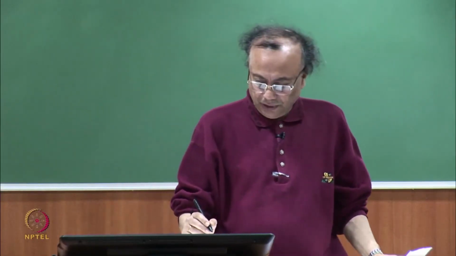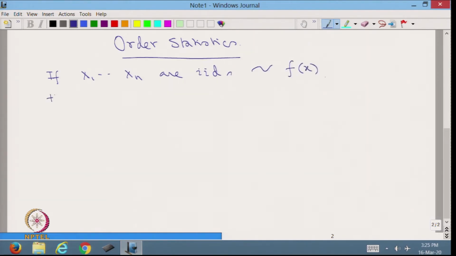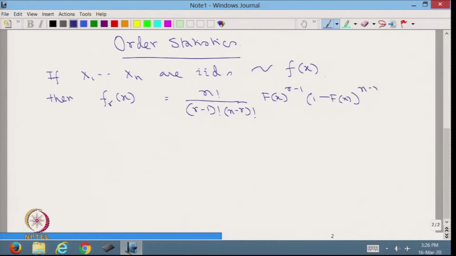If you remember, we are working on order statistics, and we have derived that if X1, X2, ..., Xn are IID following parent distribution F(x), then the PDF of the rth order statistic is f_r(x) = n!/((r-1)!(n-r)!) F(x)^(r-1) (1-F(x))^(n-r) f(x).